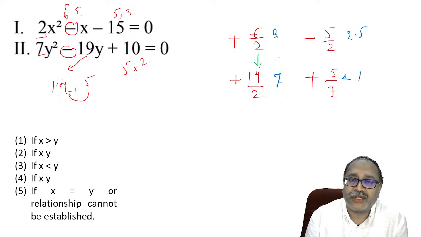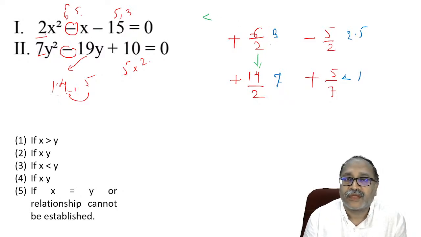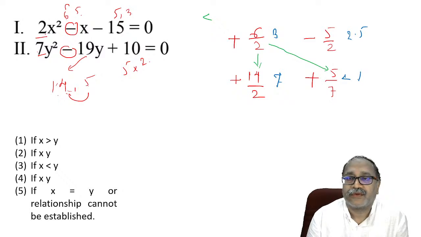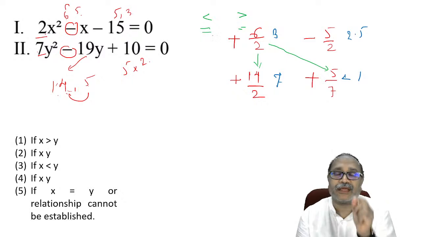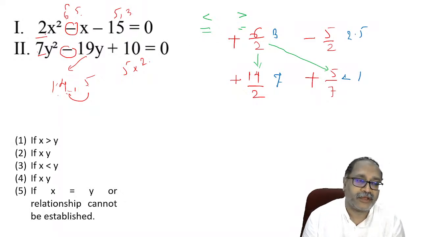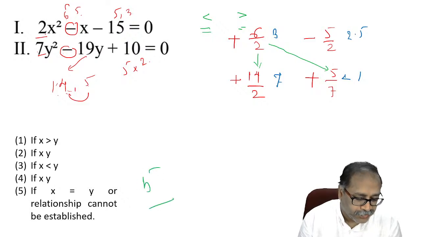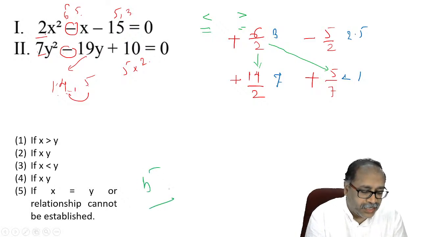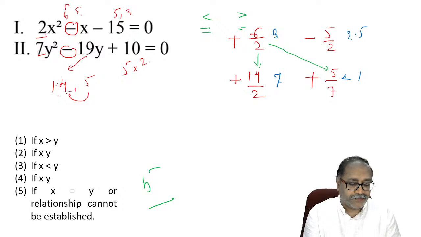Then you see that 3 is smaller than this, so x is less. Compare this: 3 is greater than 1. Right? So in one case smaller than, in the other case greater than. Therefore, it cannot be determined. Option choice 5. Do my friends agree? Option choice 5.